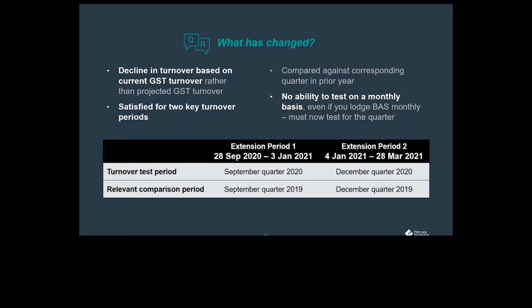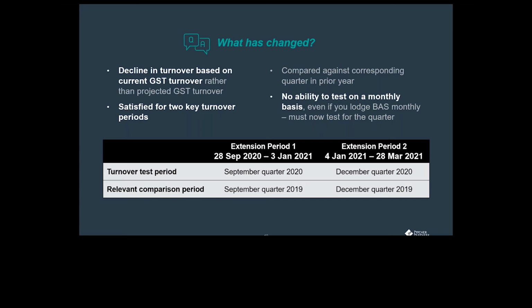Even if you lodge your BAS monthly, it must be for a quarter. So you can't test the month of July 2020 versus July 2019, or August 2020 versus August 2019, etc. It must be the quarter ended 30 September 2020 or the quarter ended 31 December 2020. So which quarter is relevant depends on which extension period you are looking at.